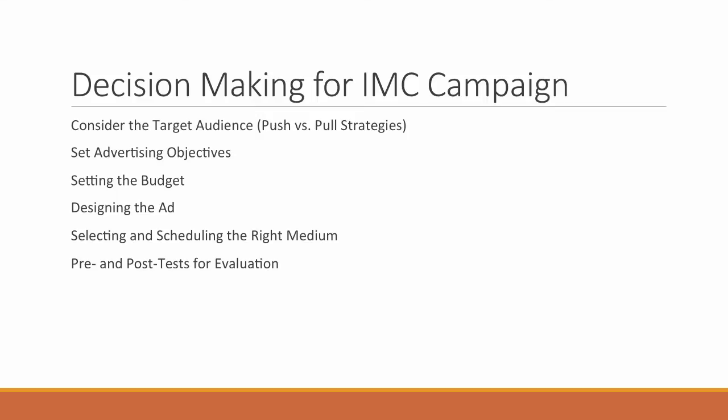Different methods of setting your marketing communications budgets. Different types of ads that you might design to send your message to the consumer, selecting the right medium to use and scheduling them in a certain way, and then also how are you going to test your target audience before the marketing communication campaign and after the marketing communication campaign to see whether you've had any improvement and whether you met your promotional objectives.